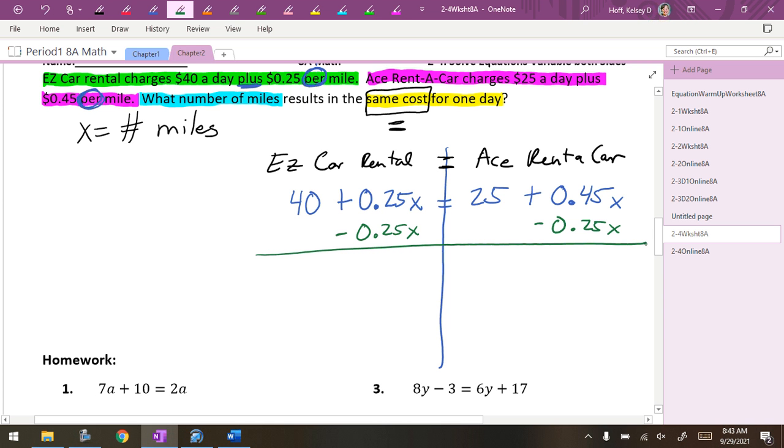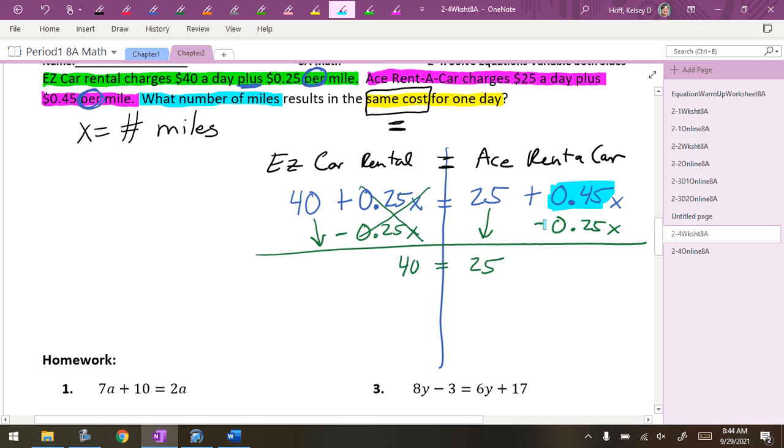Don't lose that decimal. Cancels over here. We drag down 40. We drag down 25. Now be cautious when you type this in your calculator. Pay attention to what you're typing in so you don't lose the decimal.